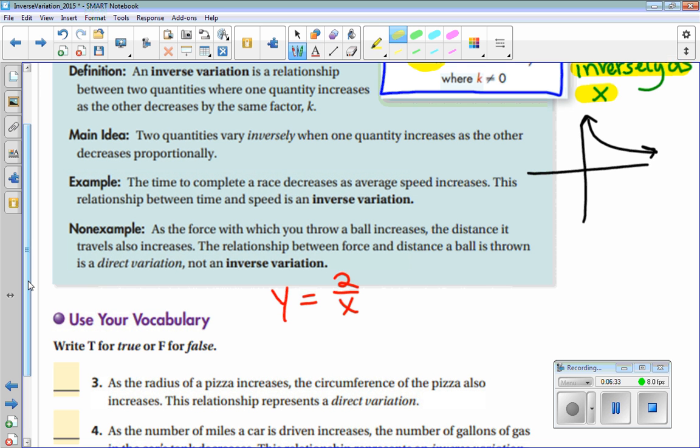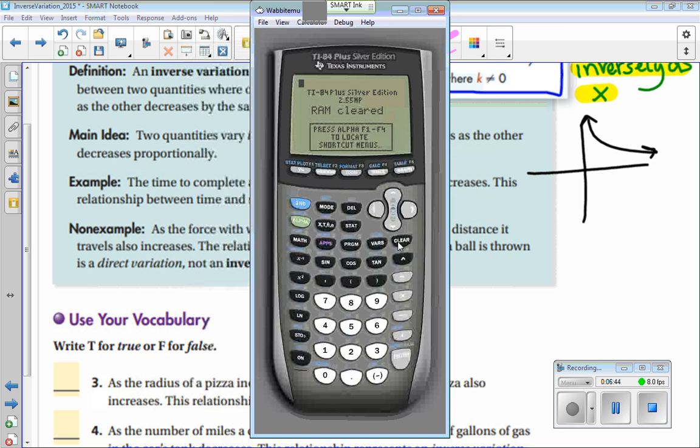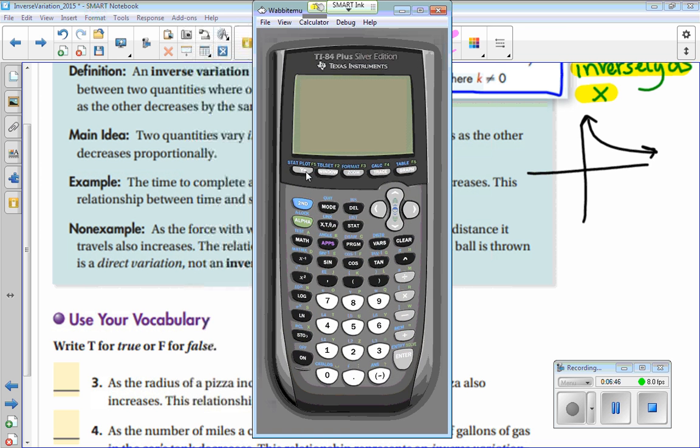So in your calculator, tell me what you think. Does it look like a line like the direct variation did? It shouldn't. It should look different. So 2 divided by x. We're just going to zoom a standard window.